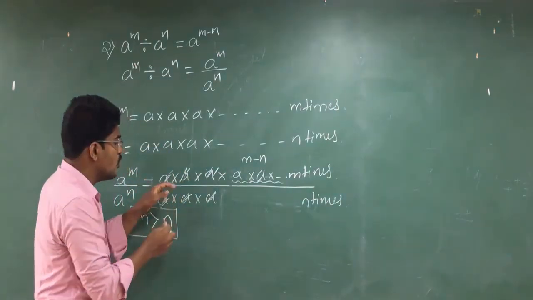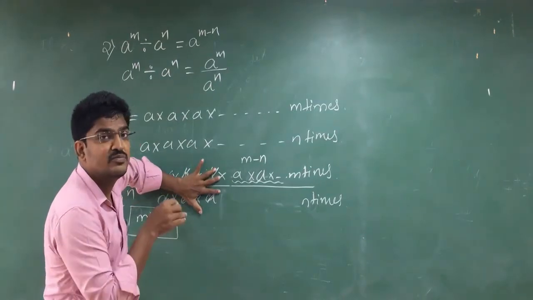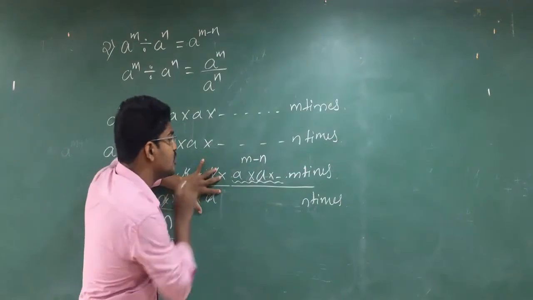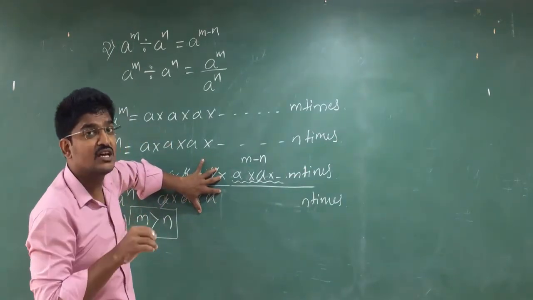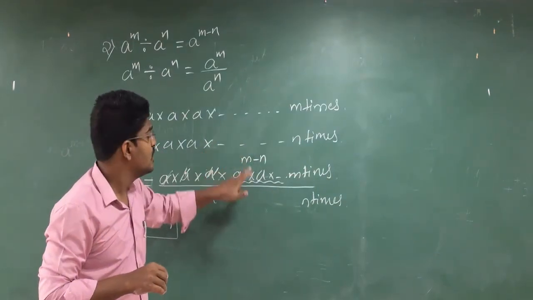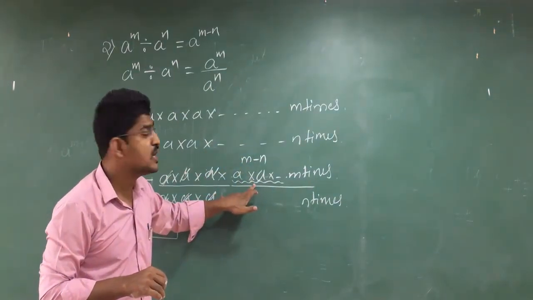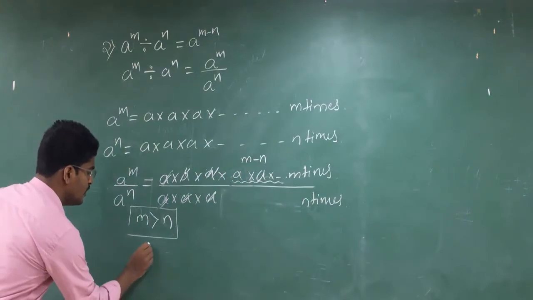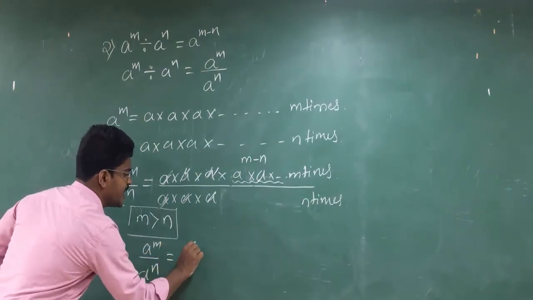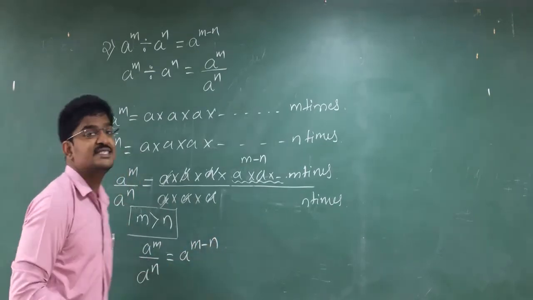So totally n number of elements from the denominator and the numerator will get cancelled. The remaining terms will be m minus n. That means a power m divided by a power n can be written as a power m minus n.